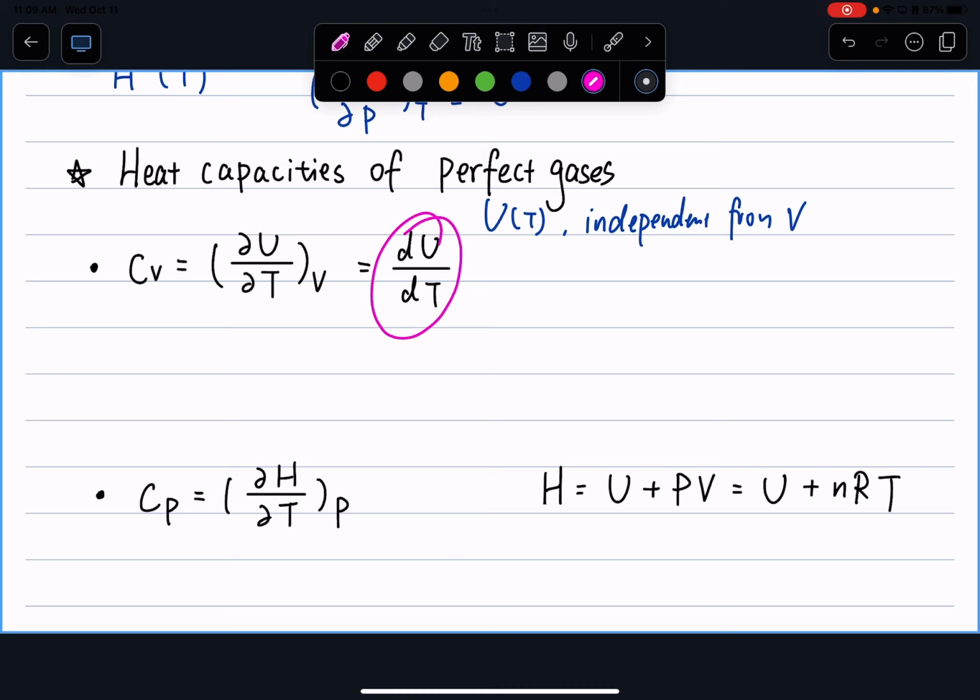This equation doesn't apply anymore. So keep in mind what the system of interest is and what equation to use. Nevertheless, for ideal gases in a closed system where only PV work is done, we have CV equals dU over dT. And we can move terms around to have dU equals CV dT for a perfect gas.